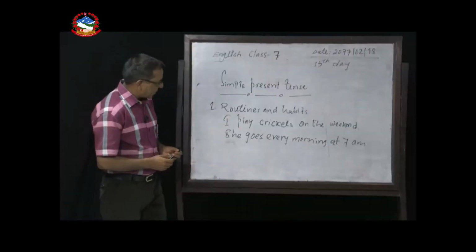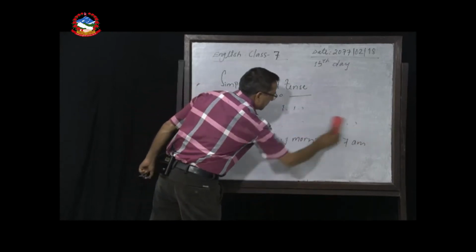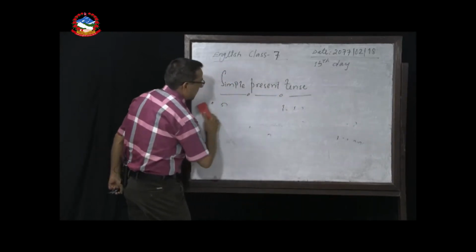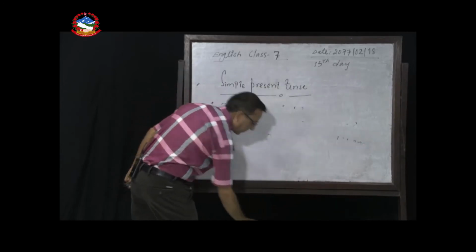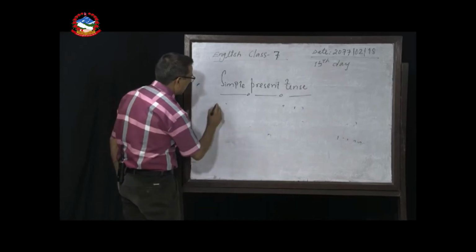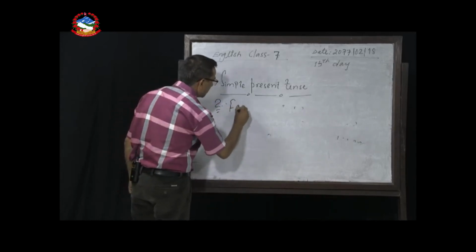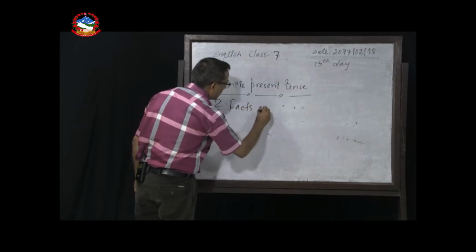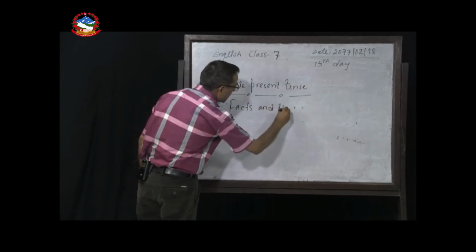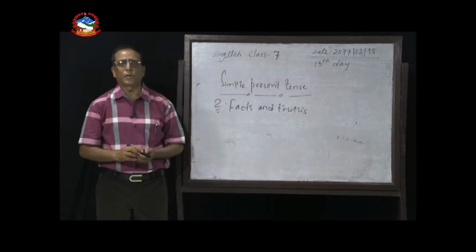Now, the next one. We use simple present tense for facts and truths. Second, you have to copy it: facts and truths.